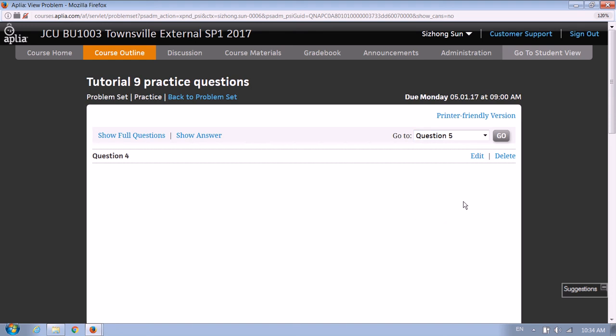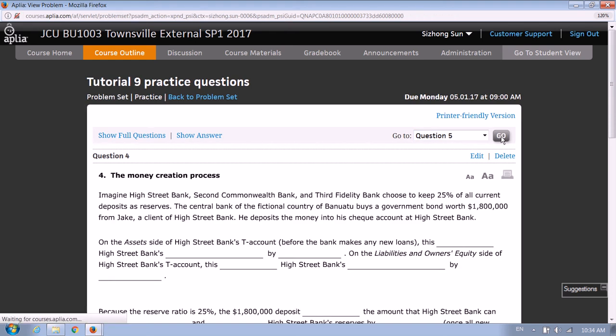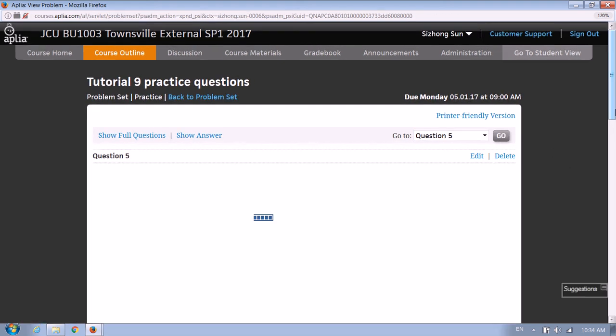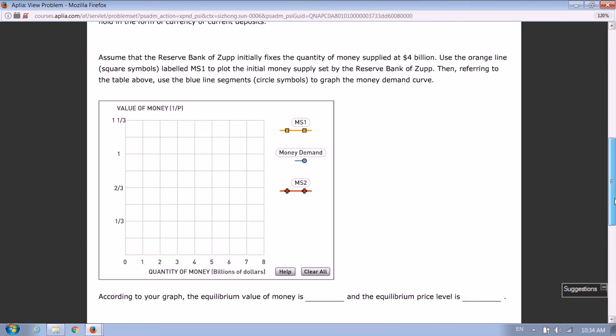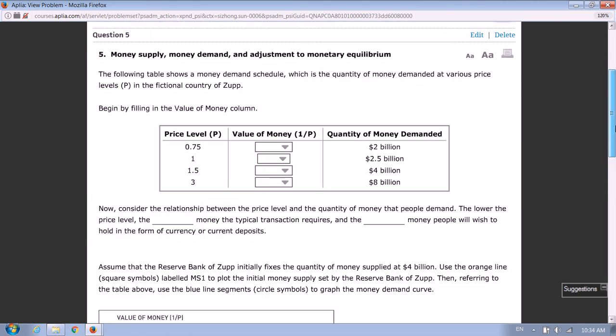Question 5. Money supply adjustment to monetary equilibrium. The following table shows a money demand schedule, which is the quantity of money demanded at various price levels in the fictional economy of ZAP. Begin by filling in the value of money column.